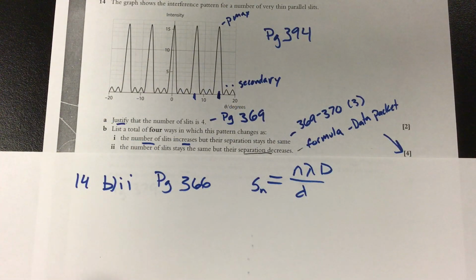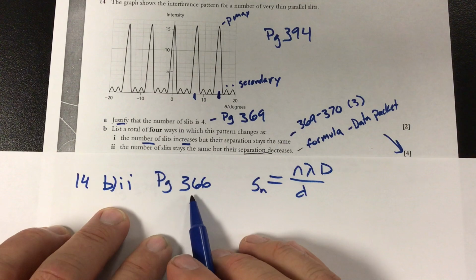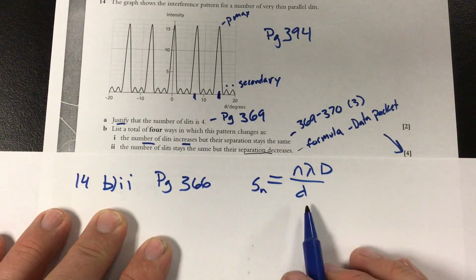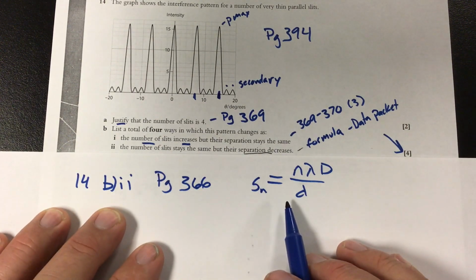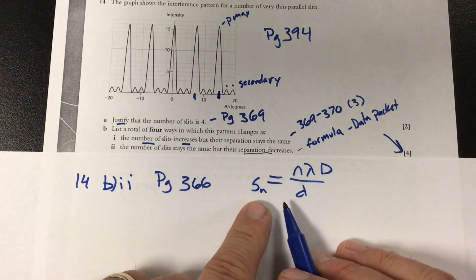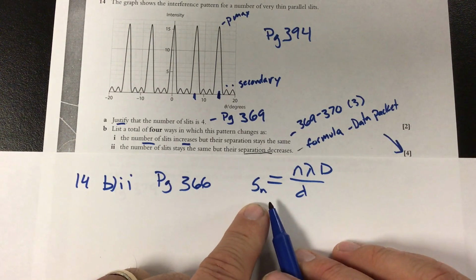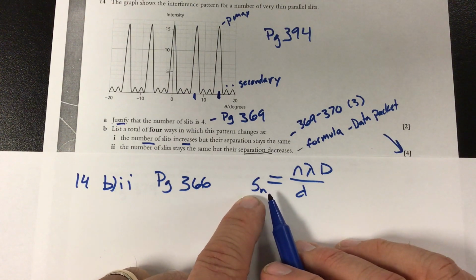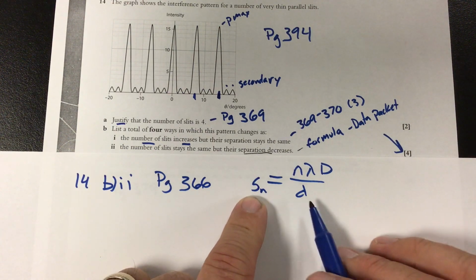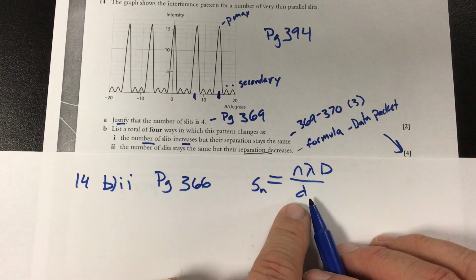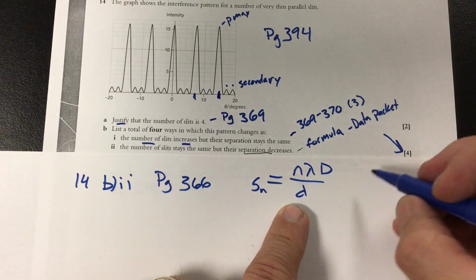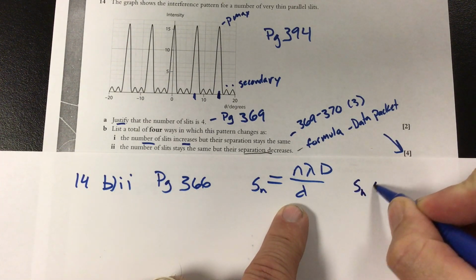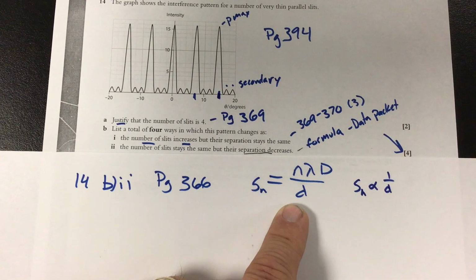For II, I found on page 366 this nice little thing. We were talking about this earlier with the lab that we've done. Here we have the separation of the central maximums, and here is the distance that is separating the slits. We can say that these are inversely proportional to each other.